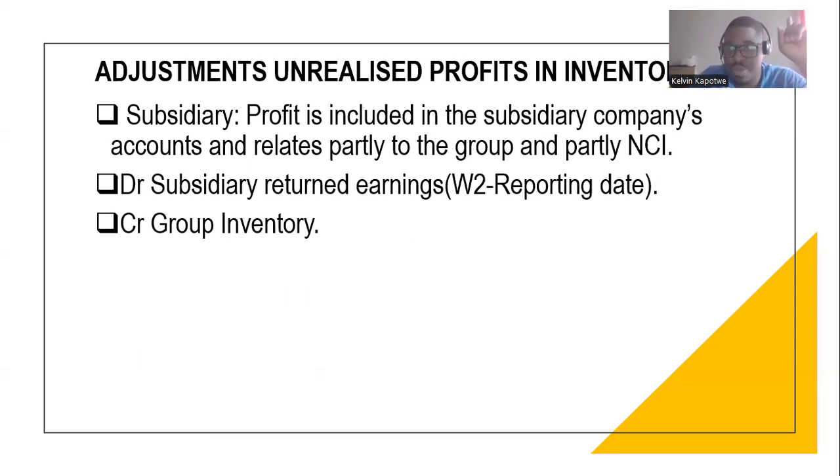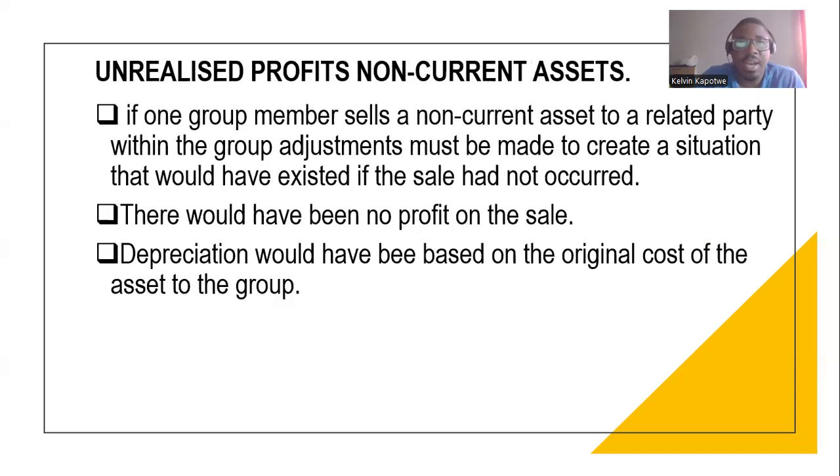You must less the unrealized profits, and it doesn't affect the acquisition retained earnings. It affects the reporting date retained earnings, so you reduce that column, and then credit group inventory. This is basically how you deal with unrealized profits.